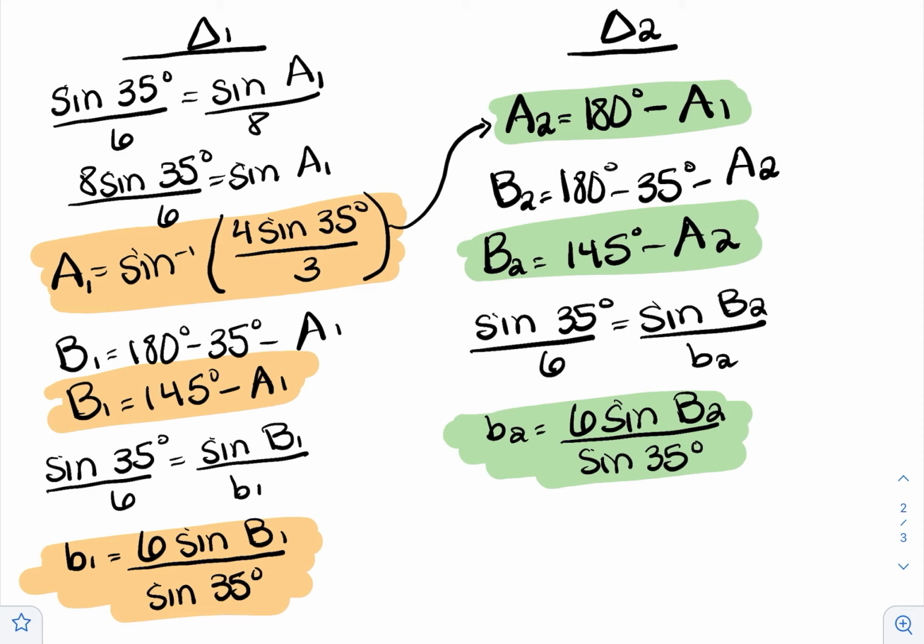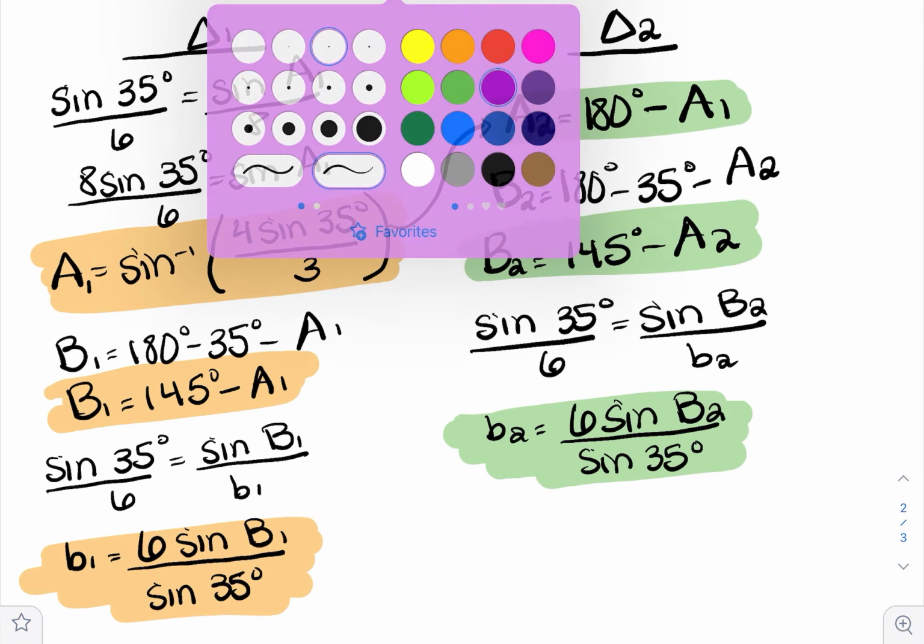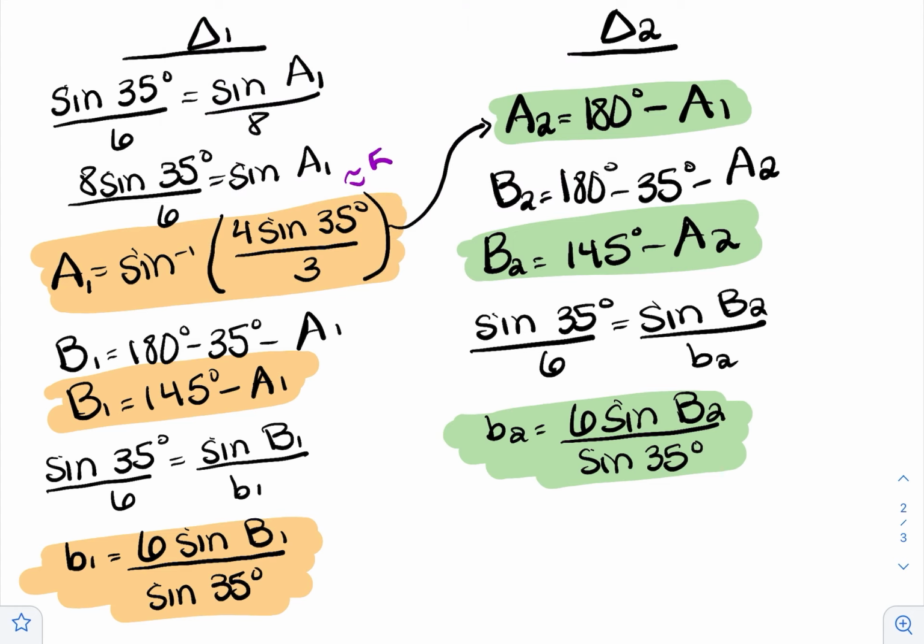So the first thing I'm going to do is find A1, and I'm going to do this in purple to make it a little easier. And I'm going to round to the nearest whole degree, so that's going to be about 50 degrees. So that means that 145 minus 50 is going to give us 95 degrees approximately. And for the last one, I do need the calculator. So 6 sine of 95 divided by the sine of 35.